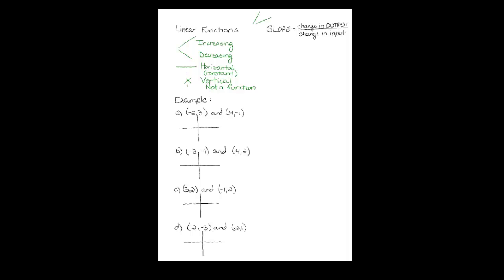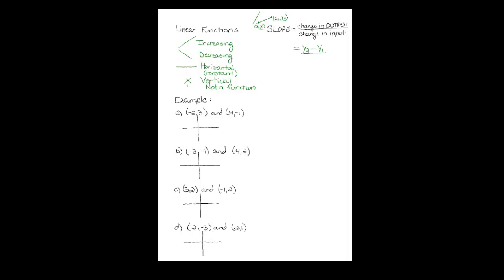So if you take any 2 points on a line, let's just take a point here and a point here. I'm going to call this point x1, y1, this point x2, y2. The slope is the change in the output values. The output values are y1 and y2. So the change in the output would be y2 minus y1, the difference in the output values.